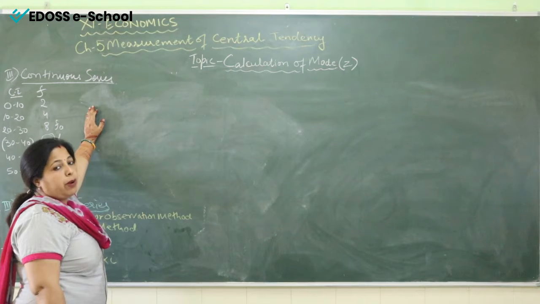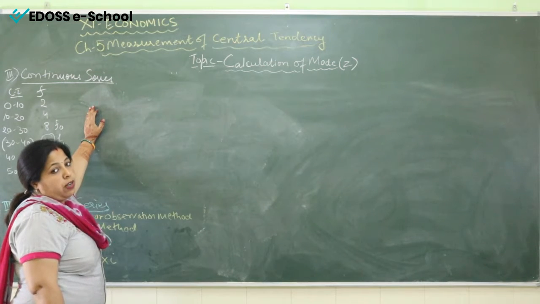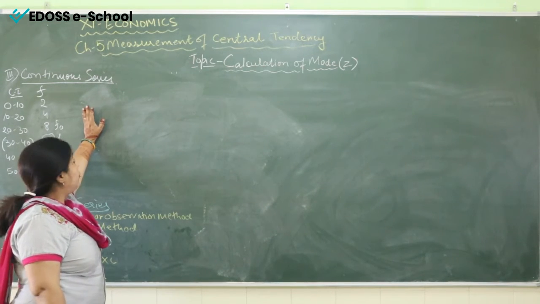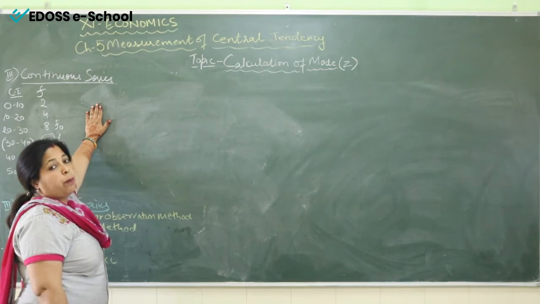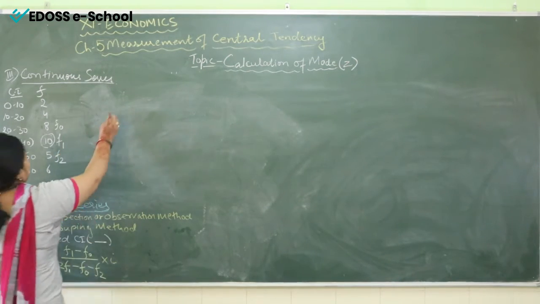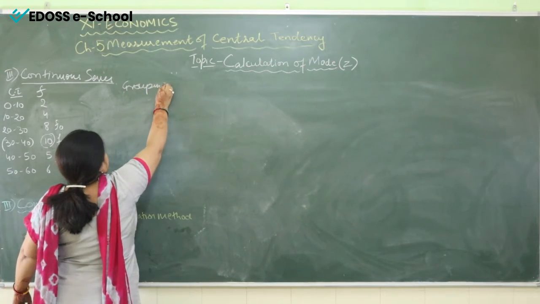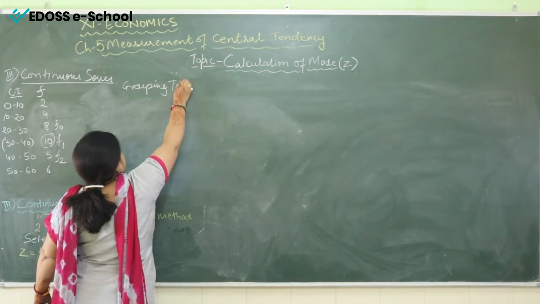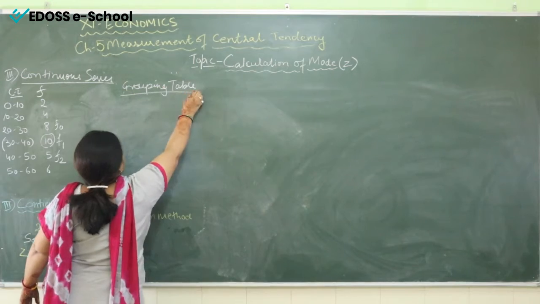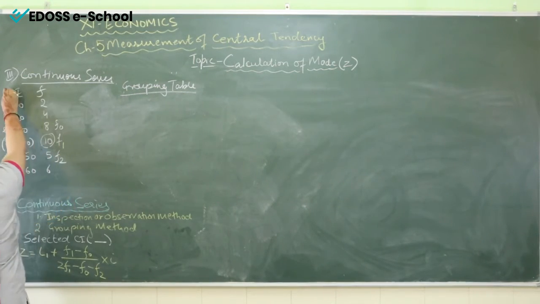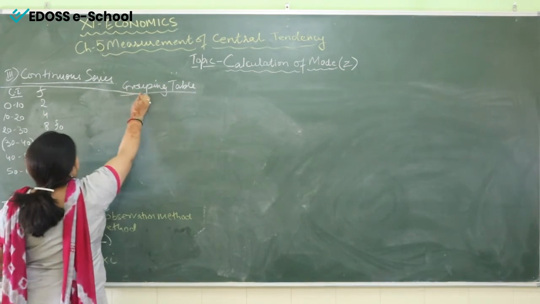We are going to frame the same table and columns. The first part of the table is the grouping table, so here we write the heading grouping table. And here is the question.